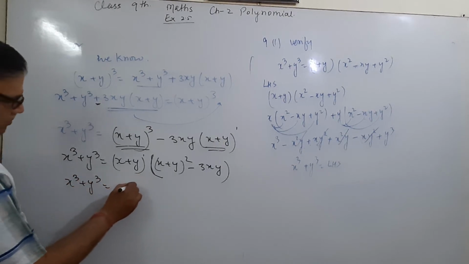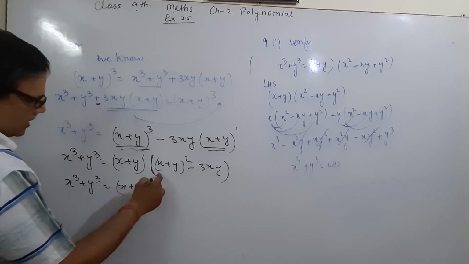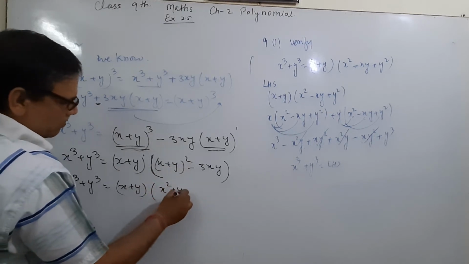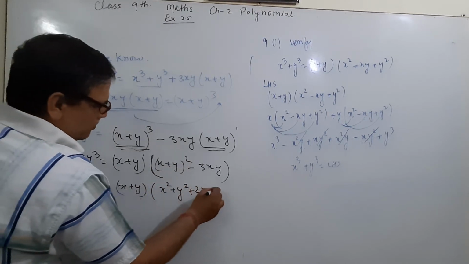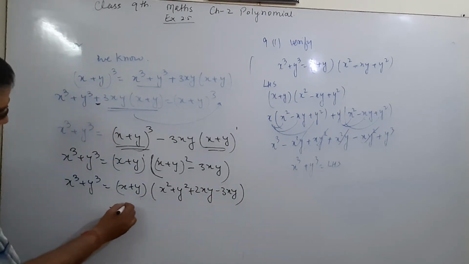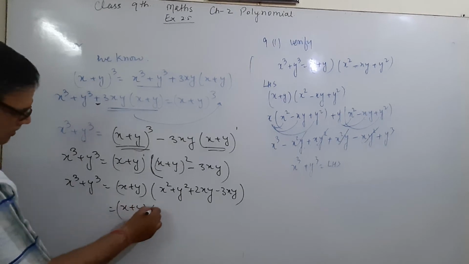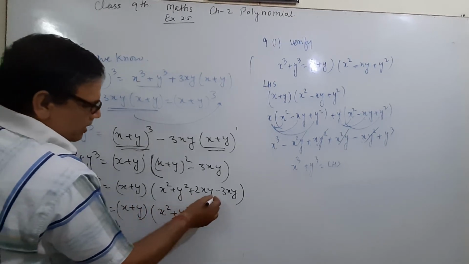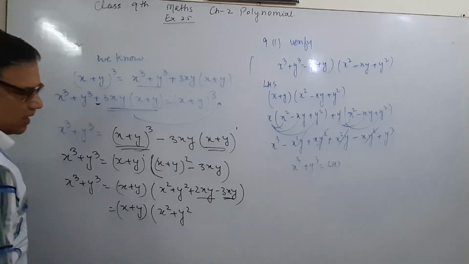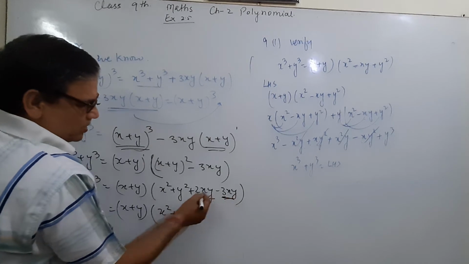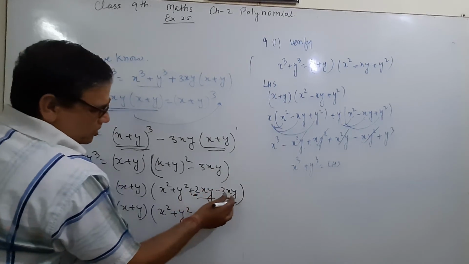And this will be the same, x cube plus y cube is equal to (x plus y) times (x plus y) whole square minus 3xy, that is x square plus y square plus 2xy minus 3xy. Here is x plus y, and x square plus y square, then plus 2xy minus 3xy.